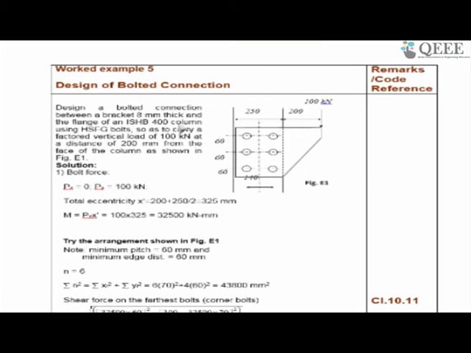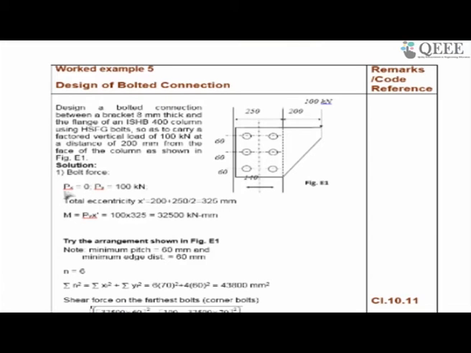The bracket is welded to an ISHB 400 column. So this is my column flange which is coming on the face, and then the bracket is bolted with 6 bolts of HSFG. It has to carry a 100 kilonewton load at 200 plus another 70, so 270 mm from the CG of the bolt group. The total width is 140 for that ISHB 400.